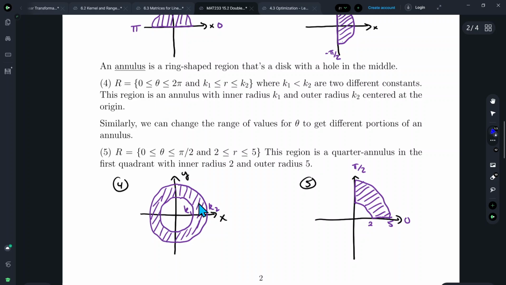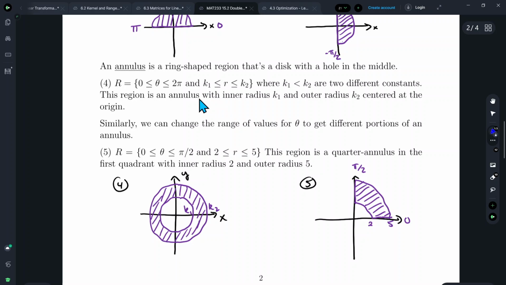You're still going completely around, so theta goes from 0 to 2 pi. However, the radius is in between these two circles. The inner radius is k1, the outer radius is k2, and so r goes between k1 and k2.